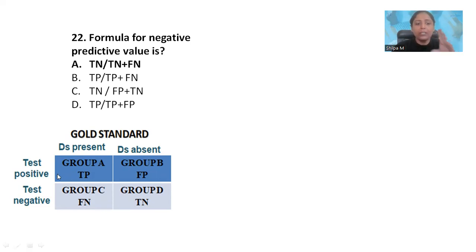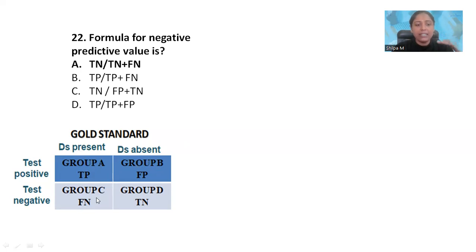Please remember this 2x2 table very clearly. Test positive, test negative for the screening test come on the left-hand side. And the gold standard of the biopsy results, disease present, disease absent, come above. When you compare the screening test results with the gold standard results and you find screening test positive and disease present, it is true positive. When screening test result is positive and disease is absent, it's a false positive.